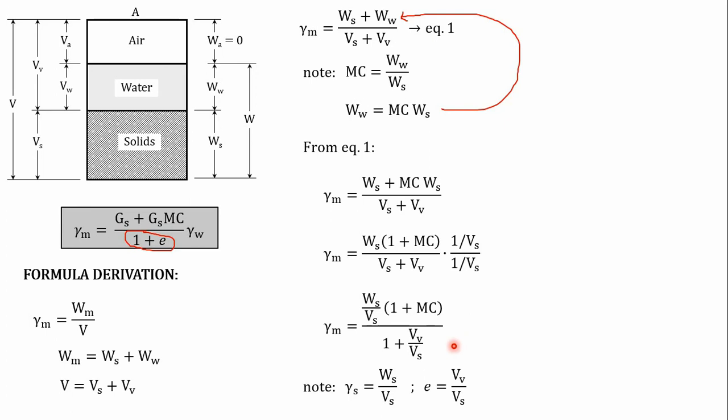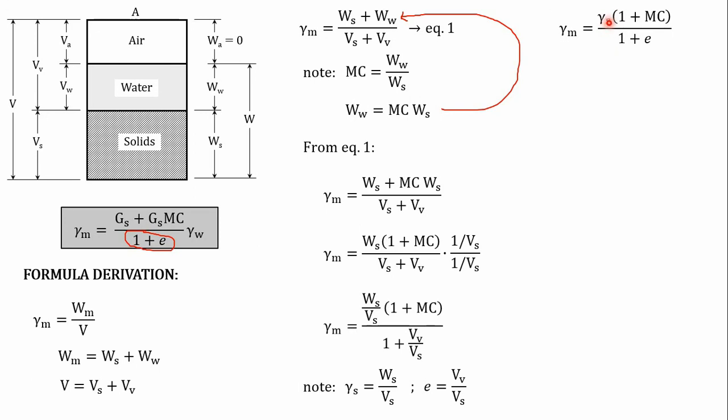Take note that the unit weight of solids is equal to the weight of solids divided by the volume of solids. And take note also that the void ratio is equal to the volume of voids divided by the volume of solids. So, this formula comes up like this. Moist unit weight is equal to the unit weight of solid particles.